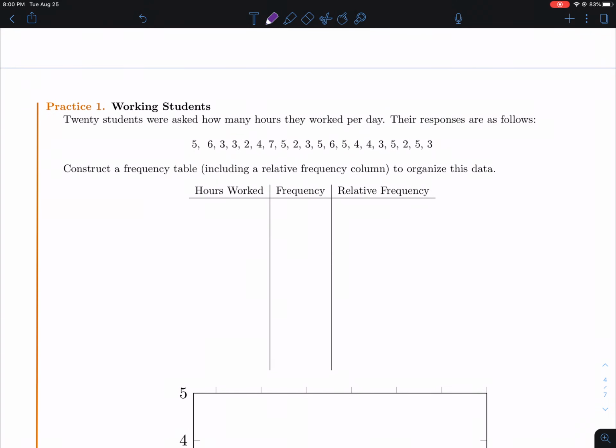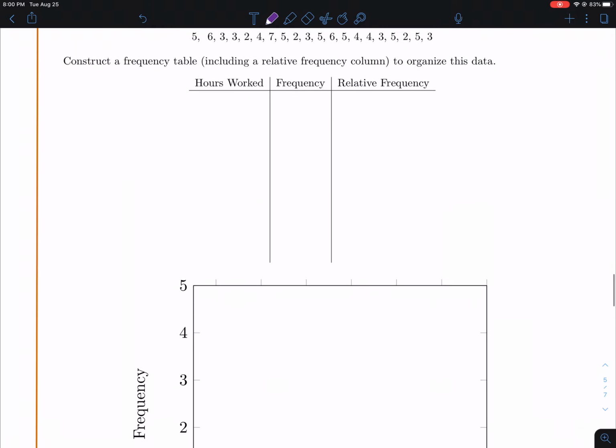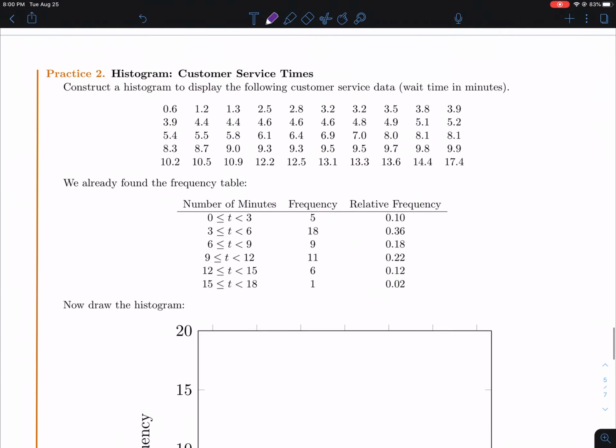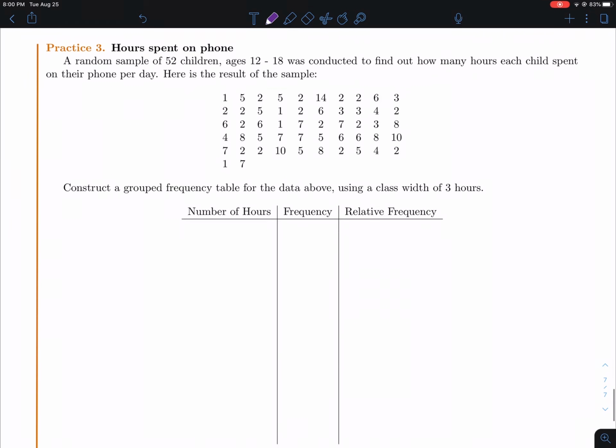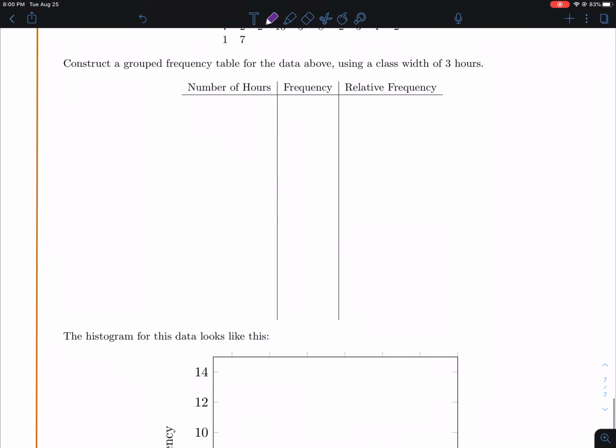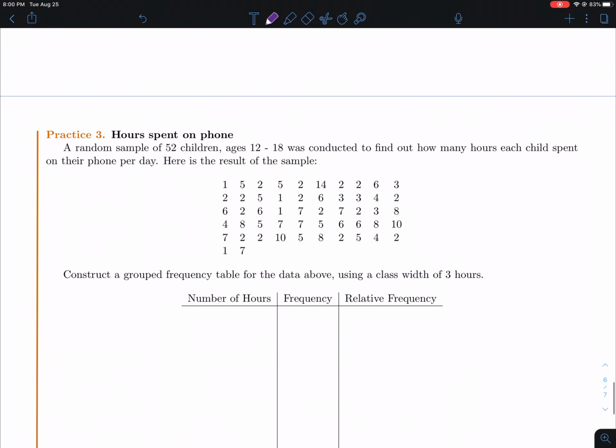So the one I worked on, we already have the frequency chart done for you. I must have picked up an old copy. So you won't have to redo the frequency distribution for these, you'll only have to do the histogram for each one of them. If you have questions about it, let me know. Otherwise, stop this video at the moment, work on the rest of this packet, and then come back for the 2.2 video.